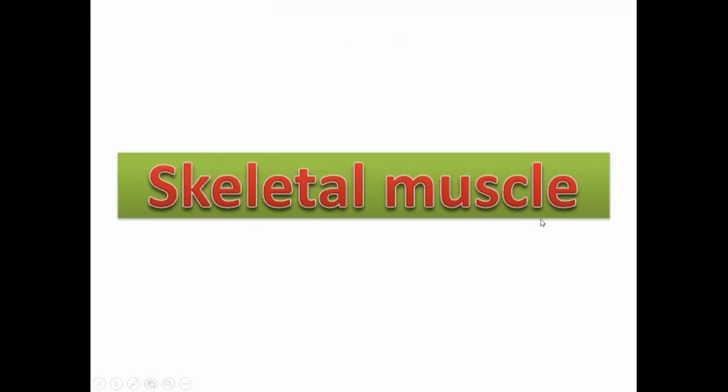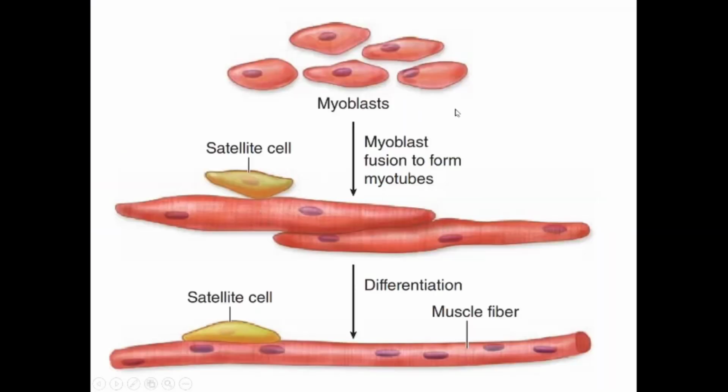Let's start with skeletal muscle. This cell is created during embryonic development by fusion of some cells called myoblasts. After fusion, they create the myotube. This explains why these cells are multinucleated, because of the fusion of several myoblasts.